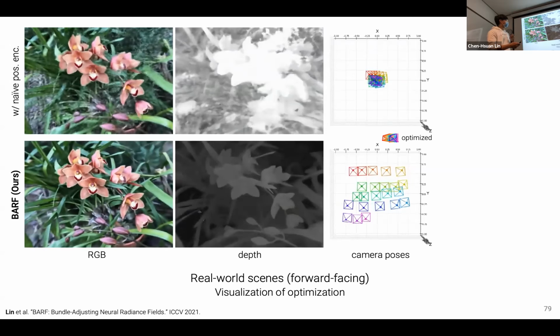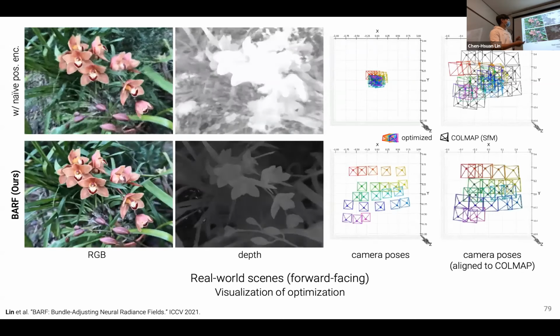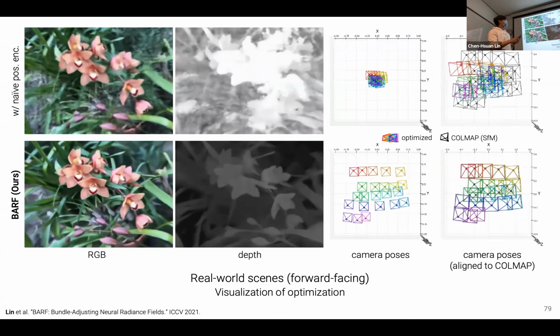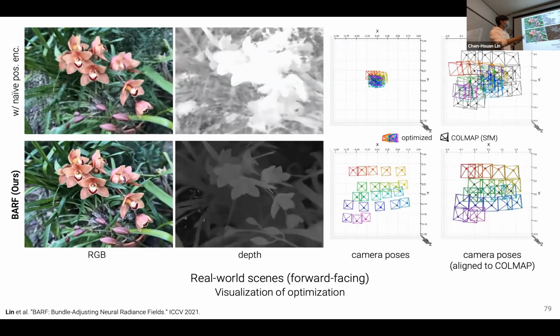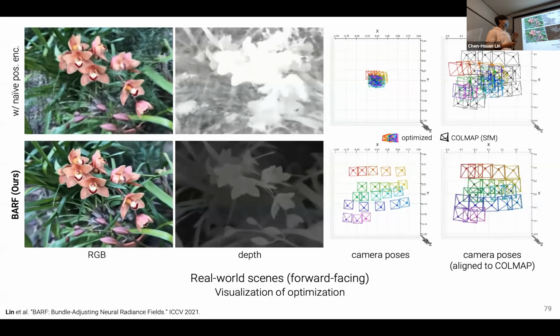And we can also compare against the camera poses pre-computed by COLMAP, from these structure-from-motion methods. So we can align these estimated camera poses to the COLMAP poses and see how much they align together. We can see that the poses computed from BARF are very well aligned to the poses computed by COLMAP.